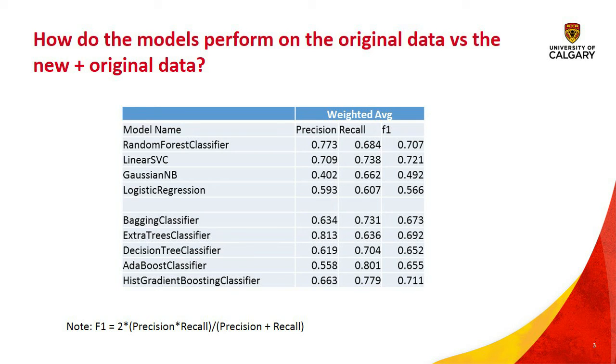From the table, the top 3 models with the highest weighted average F1 score are the linear SVC with an F1 score of 0.721, the random forest classifier with an F1 score of 0.707, and histogram gradient boost with an F1 score of 0.711.